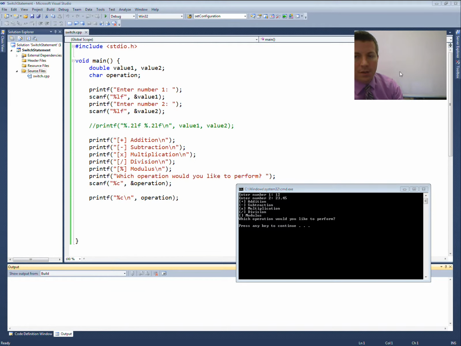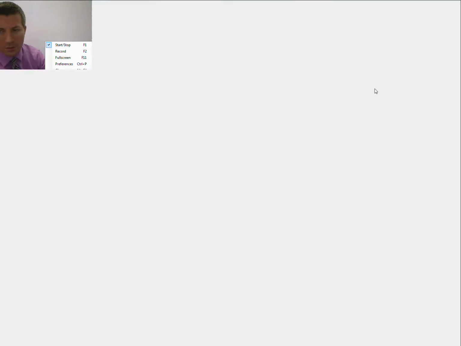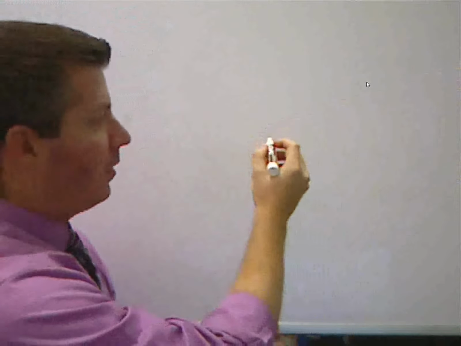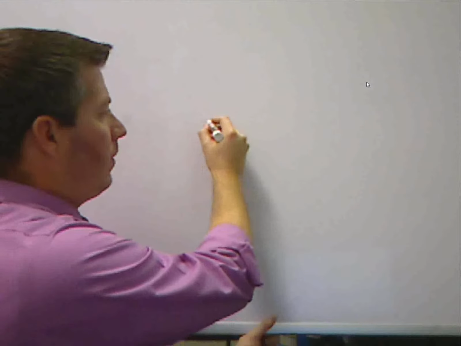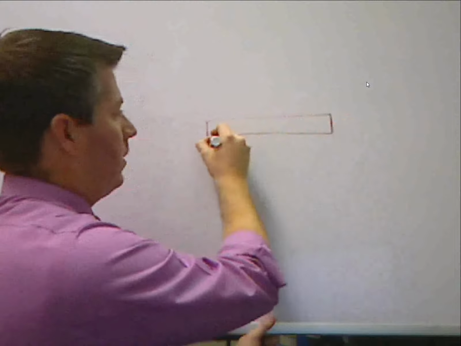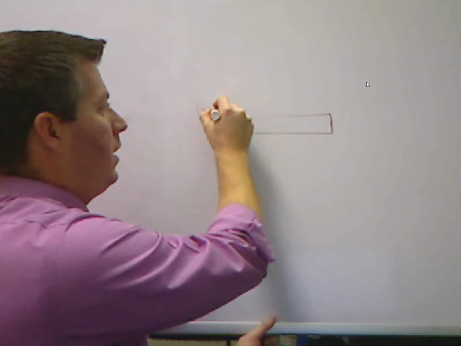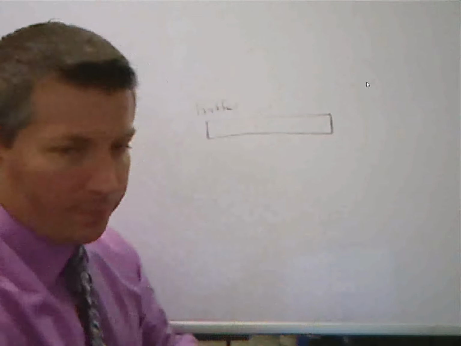Okay, so let me show you what's going on here and why that is the case. Let me make this a full screen so that we can see a little bit better of what I'm writing here on the whiteboard. When we are reading values from the user, it all goes into something which is called a buffer.